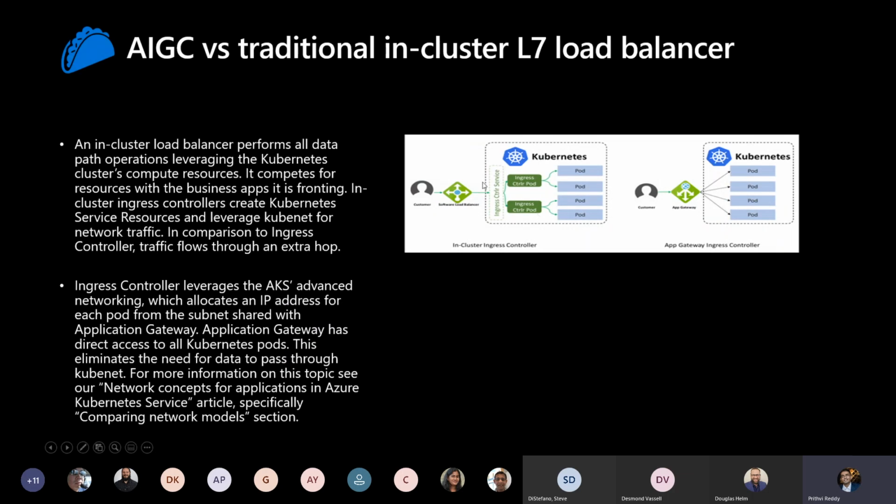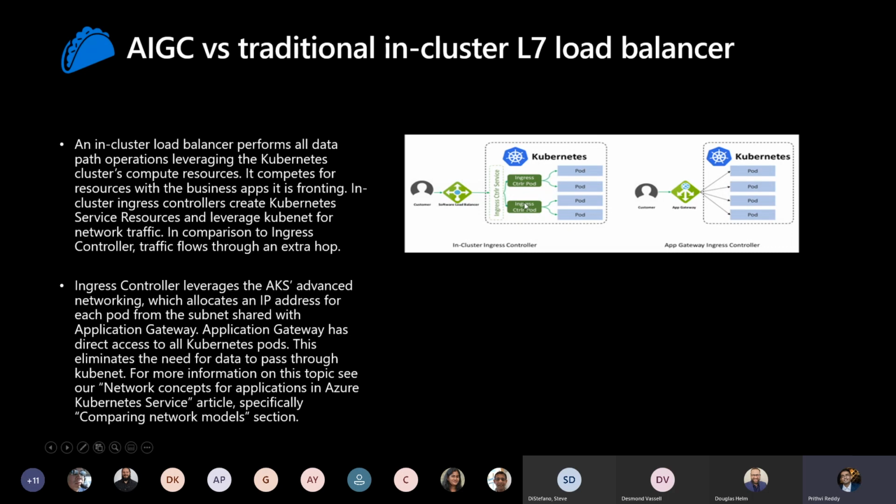So you used to deploy a software-based load balancer, and the biggest drawback with that was when you used an ingress controller, it would actually deploy pods within the Kubernetes cluster. And so it's competing for resources with your applications, right?